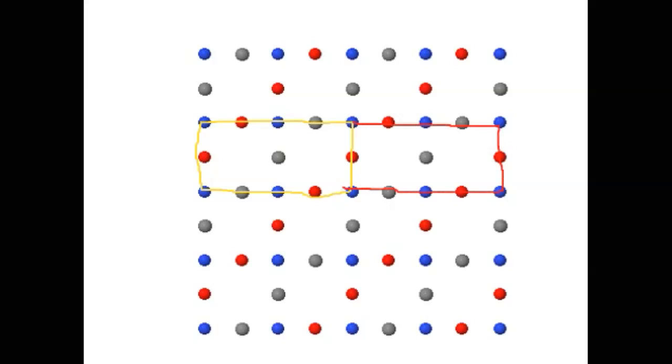And if we shift down, you notice that when we shift down though, we don't get the same repeat unit. So this is not a valid unit cell.